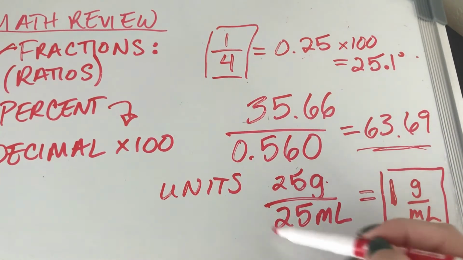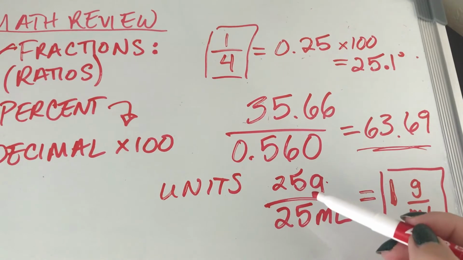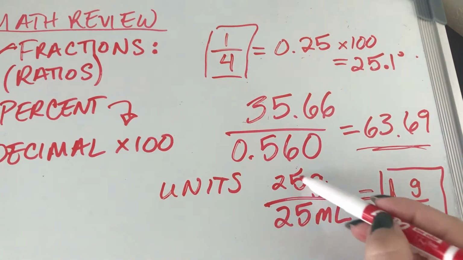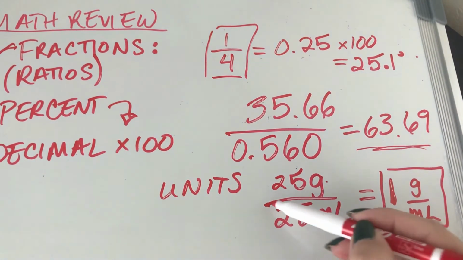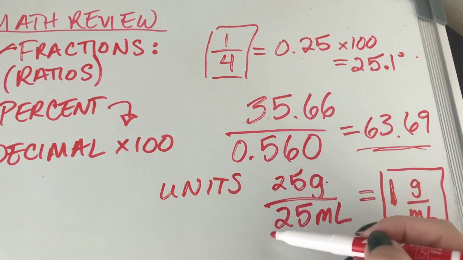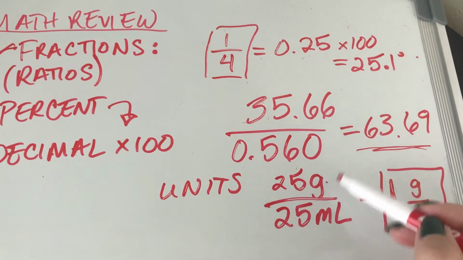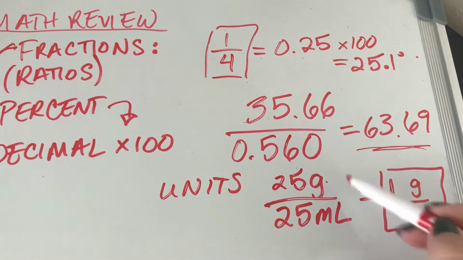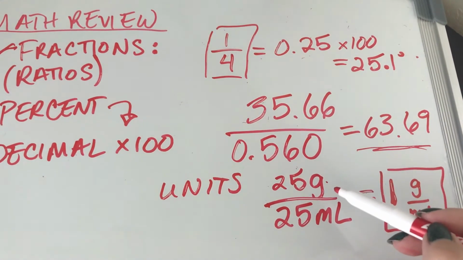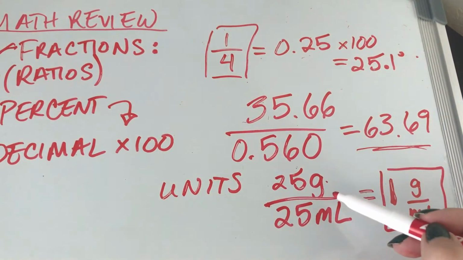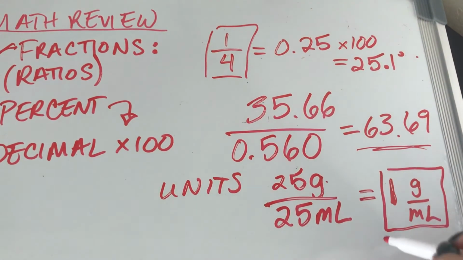This number divided by the other one was pretty straightforward, easy for you to do in your head, but the more complicated these coefficients get, the easier it is to forget about the units afterwards, right? So one of the things that we have to really practice in this class is being very attentive to units, okay? Questions about how we did that?